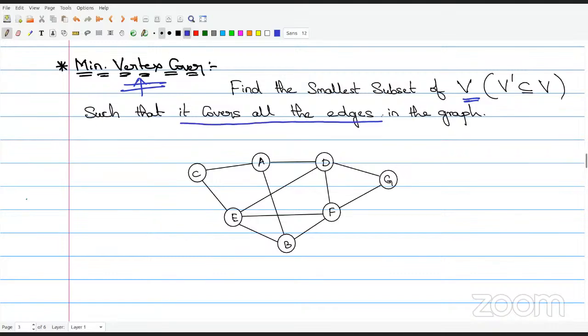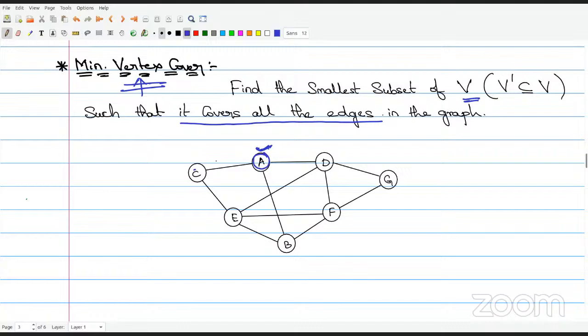What does covering mean? When I pick a vertex, let's say I have picked vertex A, then covering means this vertex is an endpoint. An edge has two endpoints, so two vertices.